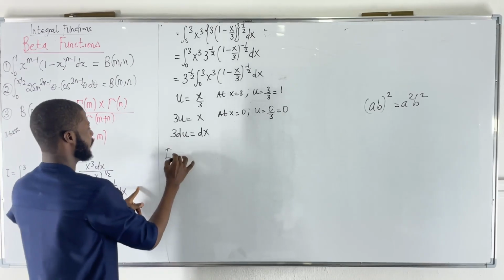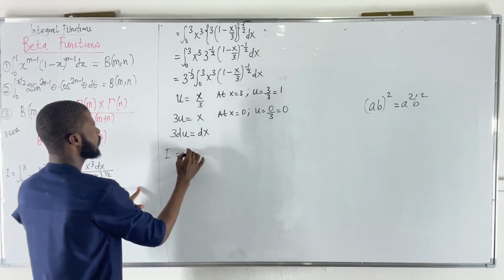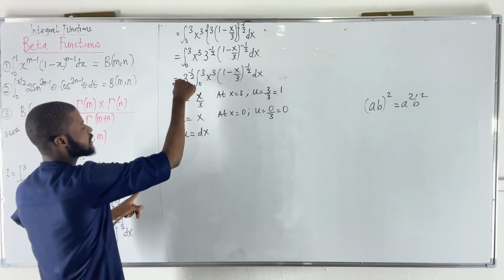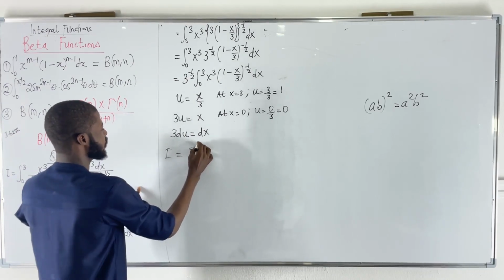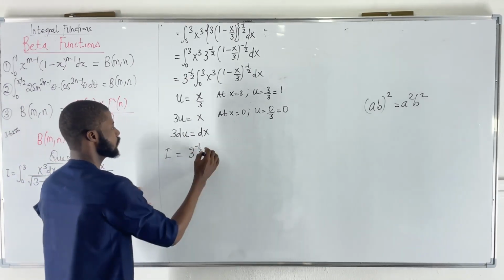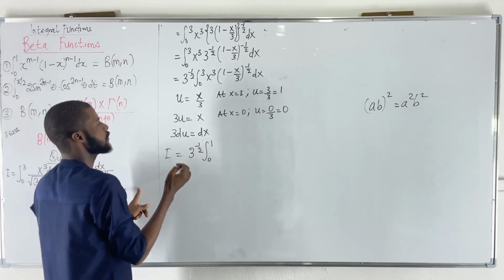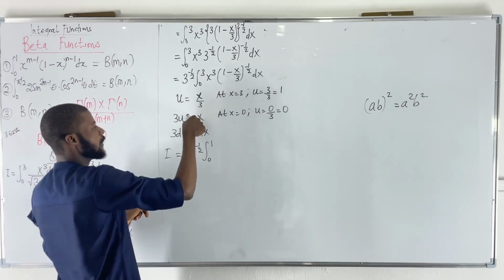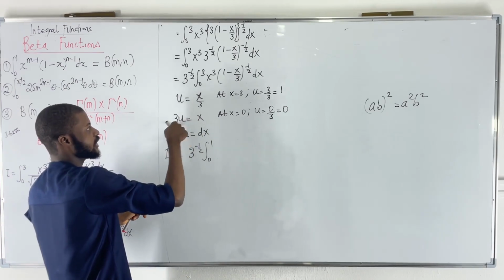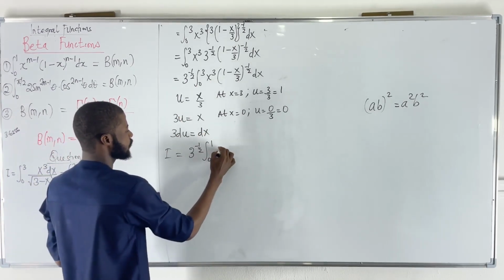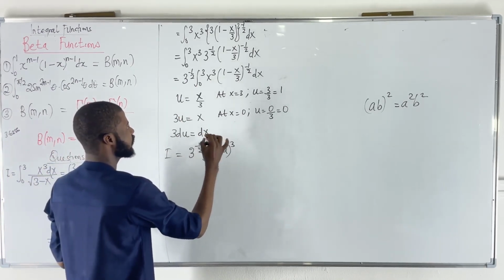So my integral will then become, let me just leave it like that. 3 to the minus half, integral from 0 to 1, because my integral has now changed. Then x, what is x? Remember that x is now 3u. So I'm going to replace this x with 3u. So this is 3u raised to the power of 3.